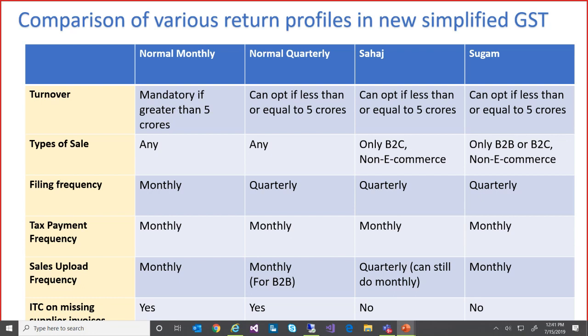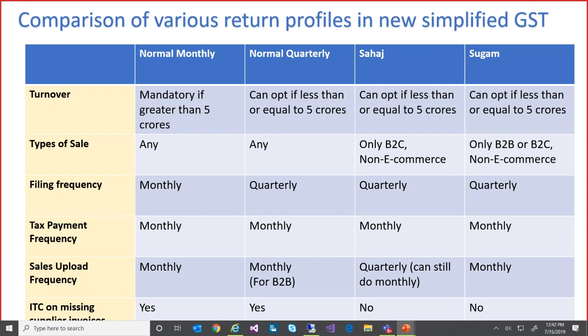Sahaj: if your turnover is less than 5 crore, you can go for a Sahaj and Sugam return. And there you only have to disclose the B2C and non-e-commerce related transactions. So the type of sale should be a non-e-commerce transaction. If you have an e-commerce transaction, you have to file the normal return. Then the filing frequency is monthly or quarterly.